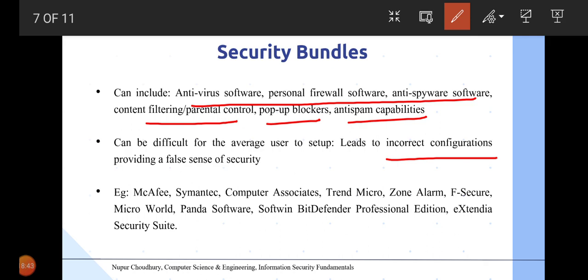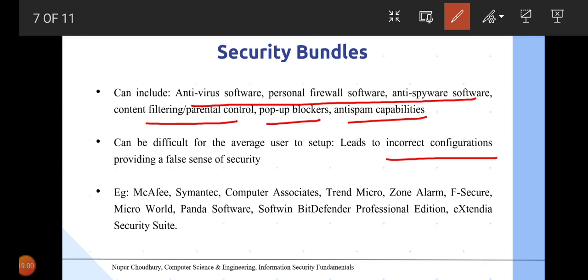That means it will show that it has been installed and everything is working fine, but actually it is not working fine. And then we will assume that okay, since everything is installed properly, there is a secured feeling that my system is protected.